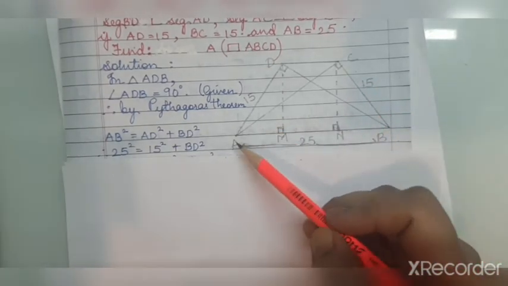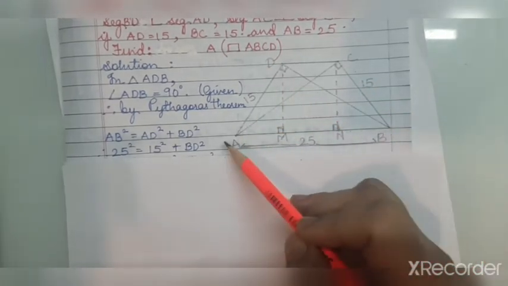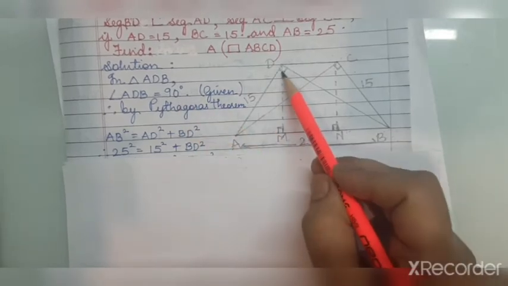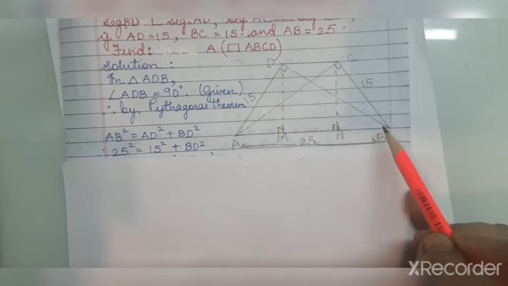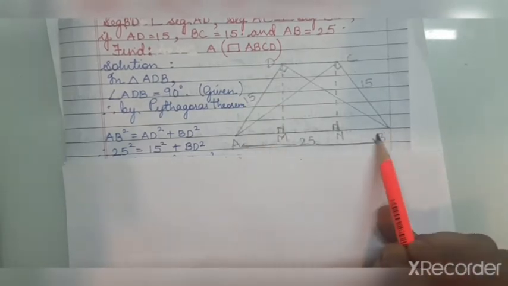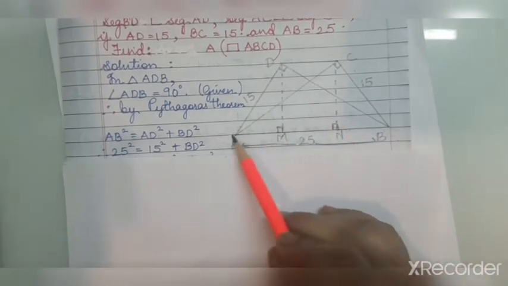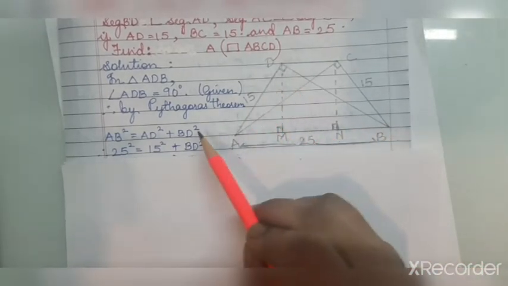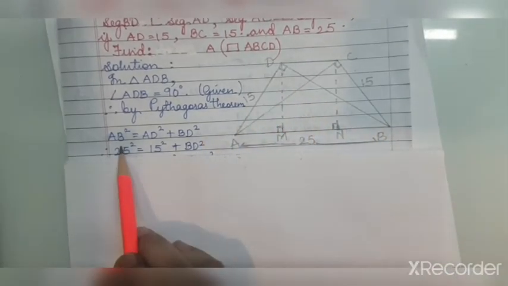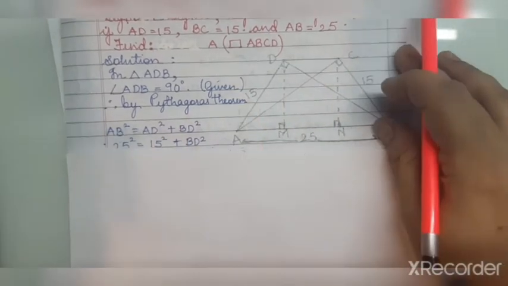So what we do is we'll take triangle ADB, where angle ADB is 90 degree. Therefore, by Pythagoras theorem in triangle ADB, AB is the hypotenuse opposite to 90. So AB square is equal to AD square plus BD square. Out of this, AD and AB we know, which is given.